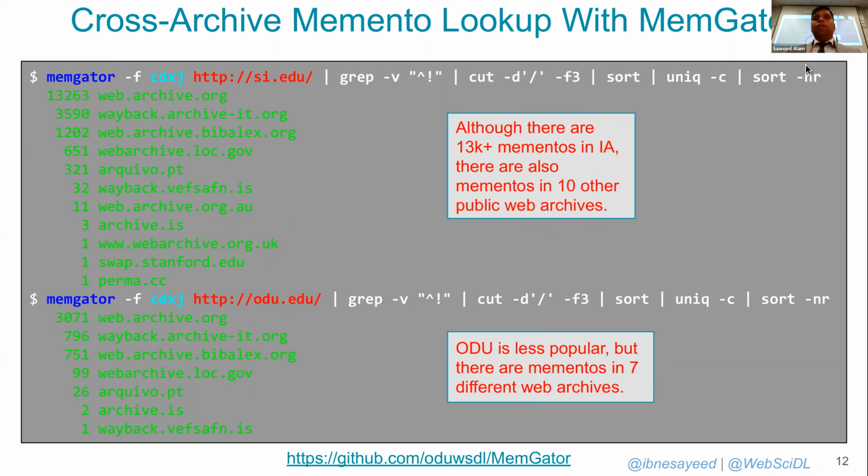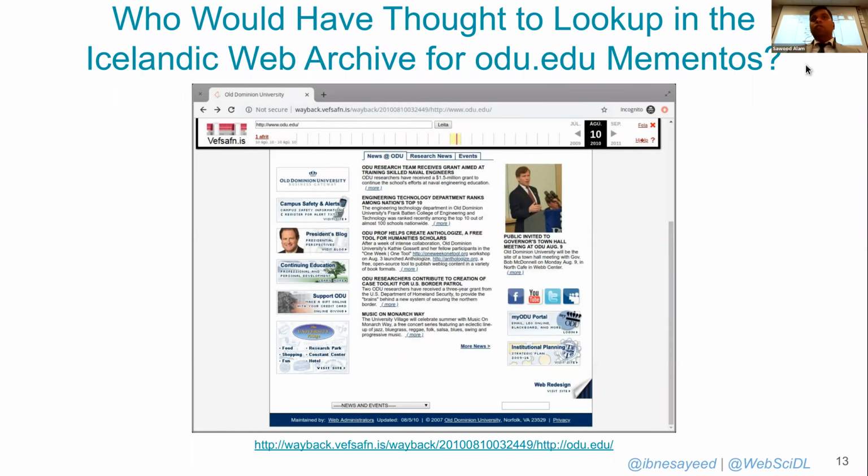With this tool, what we found is, although Internet Archive has 13,000 plus mementos of Smithsonian Institution's homepage, there are 10 other web archives that have copies. ODU's homepage, on the other hand, is not that popular, but it is still present in 7 archives. And if you look at the last line, there is one copy from Icelandic Web Archive. Who would have thought that there would be a copy of ODU's homepage in Icelandic Web Archive?